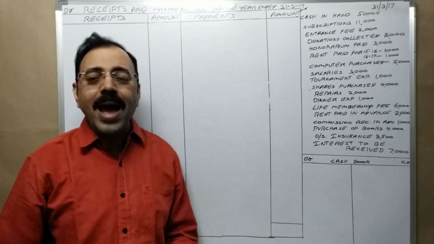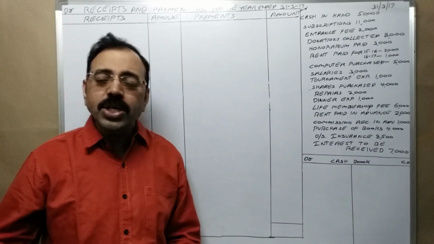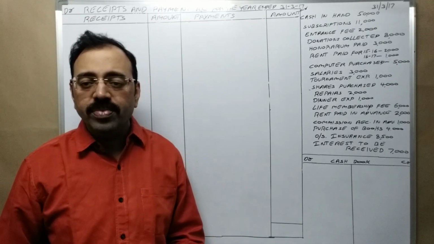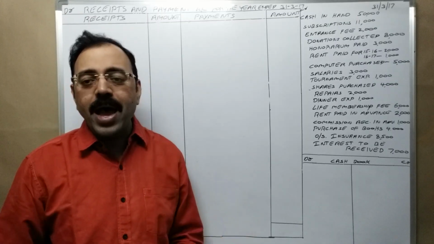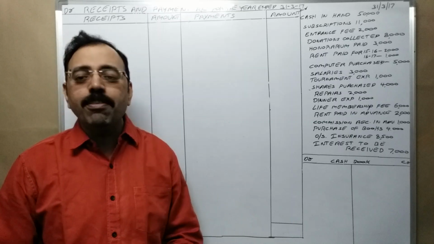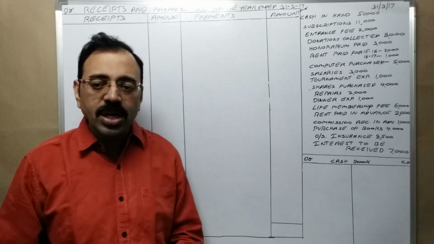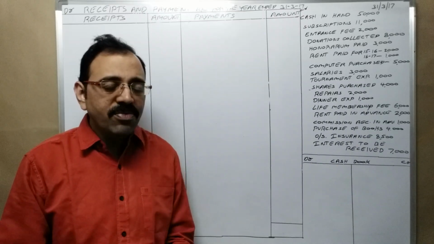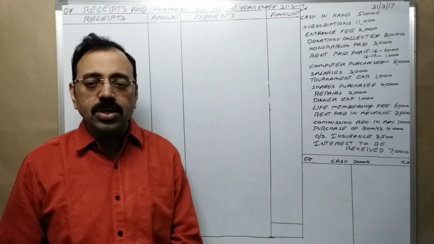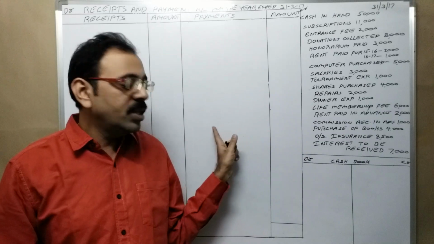When we maintain a bank account, we can show bank transactions also. When money is deposited in bank, when money is withdrawn from bank, that is also a part of receipts and payments only. So cash transactions and bank transactions, both we record in this book.